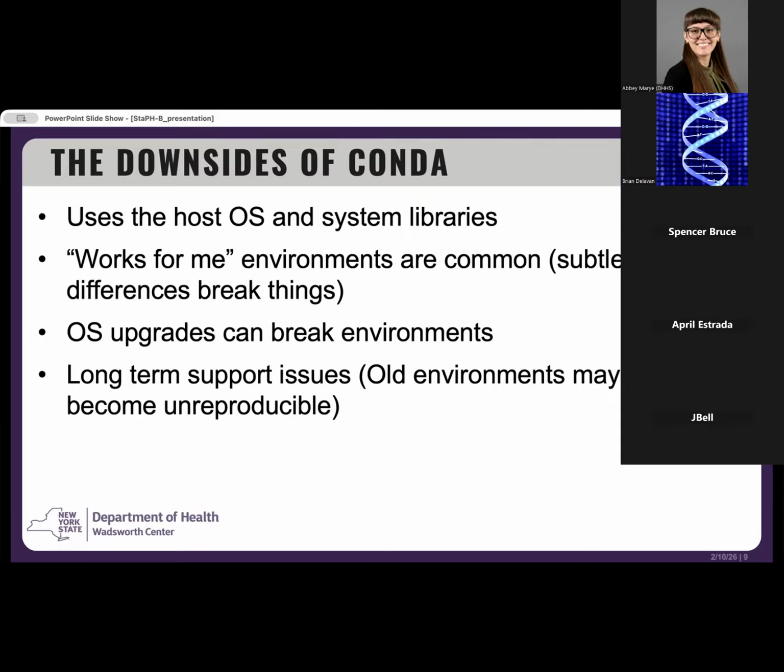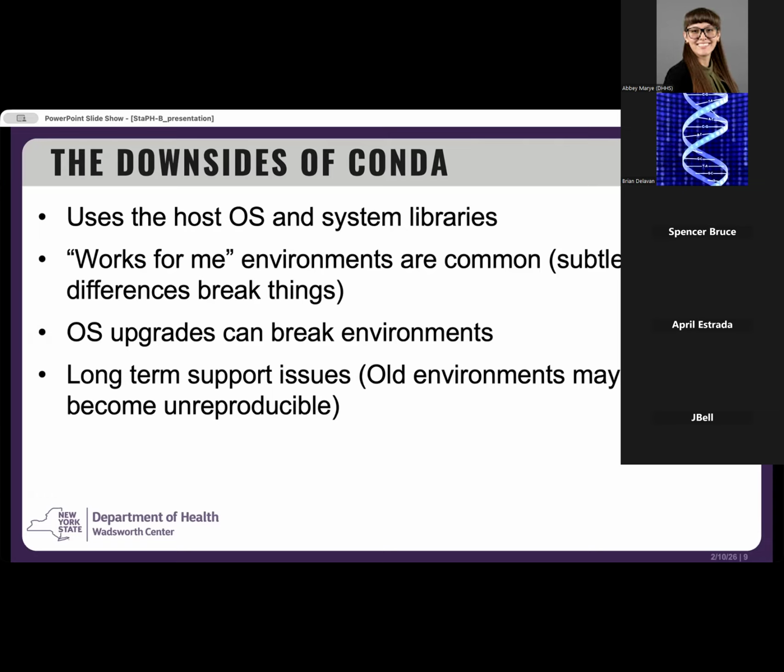On top of that, operating system upgrades can break existing Conda environments. So an environment that worked perfectly last year may stop working after you update the operating system on the computer you're working on or on the virtual machine you're working on, etc., even if you didn't change anything inside Conda itself.